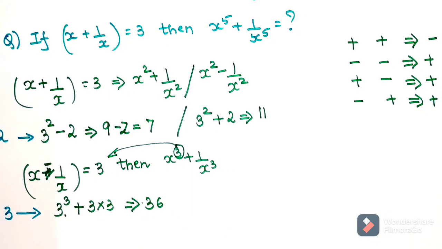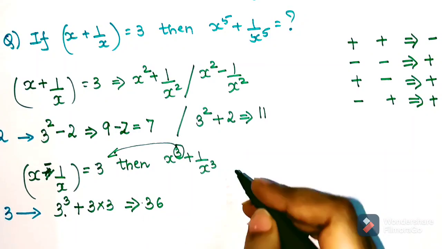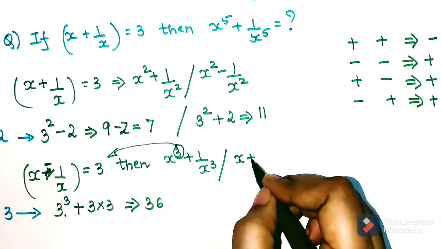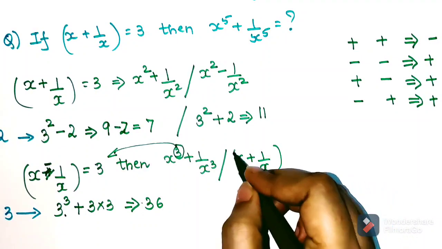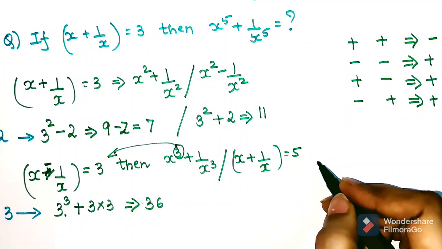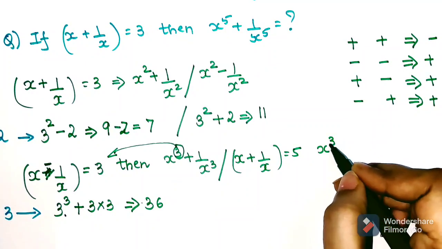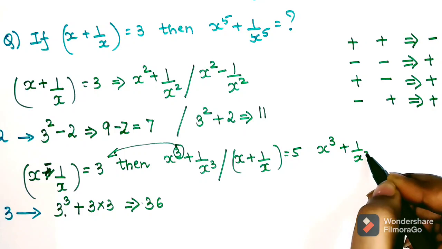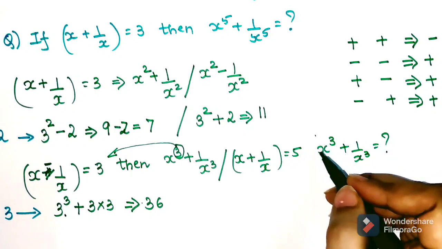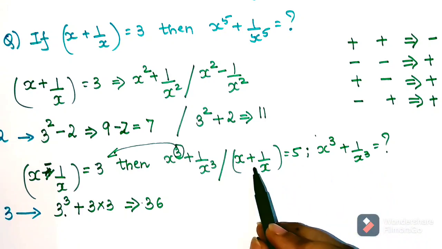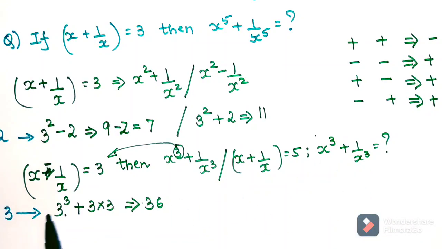That is going to get you 36. Okay, now just understand, if we had x plus 1 upon x, the whole is equal to 5, and we had to find x cube plus 1 upon x cube. Okay, so here we have plus and plus, we are going to use the same logic.